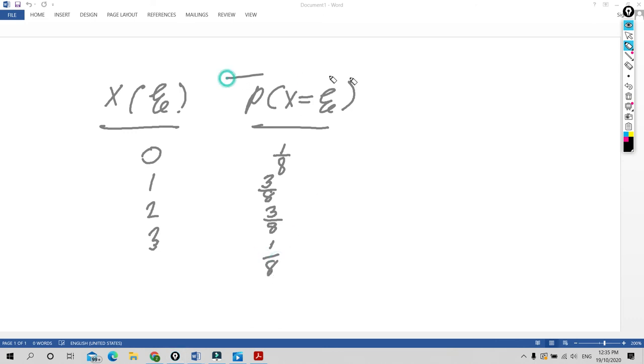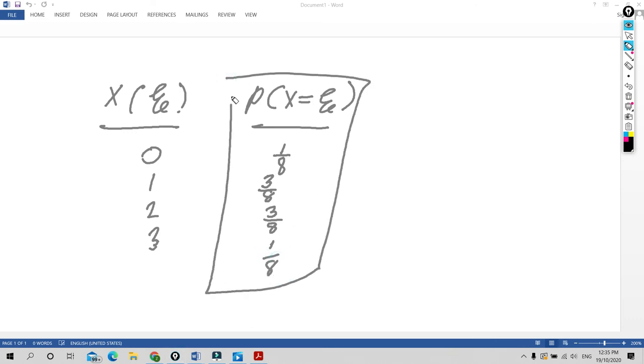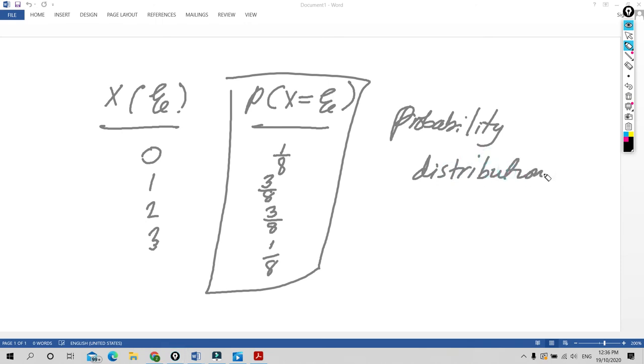This is known as the probability distribution function, or you can just say probability distribution.